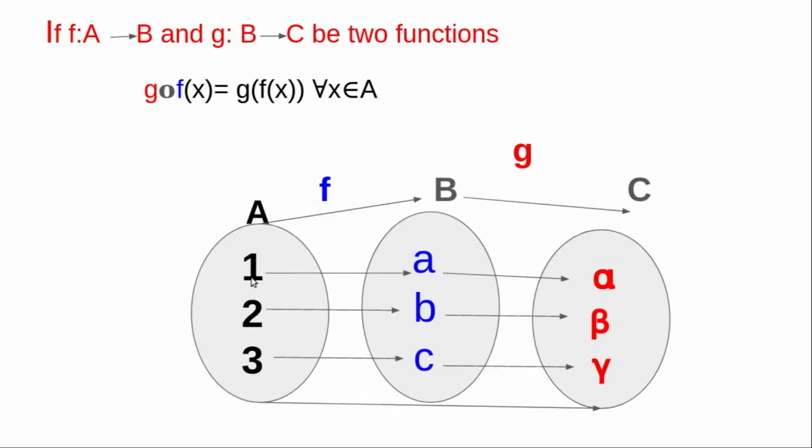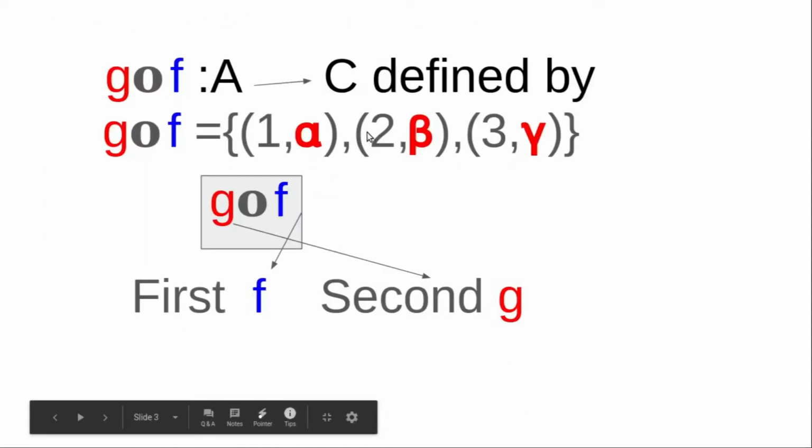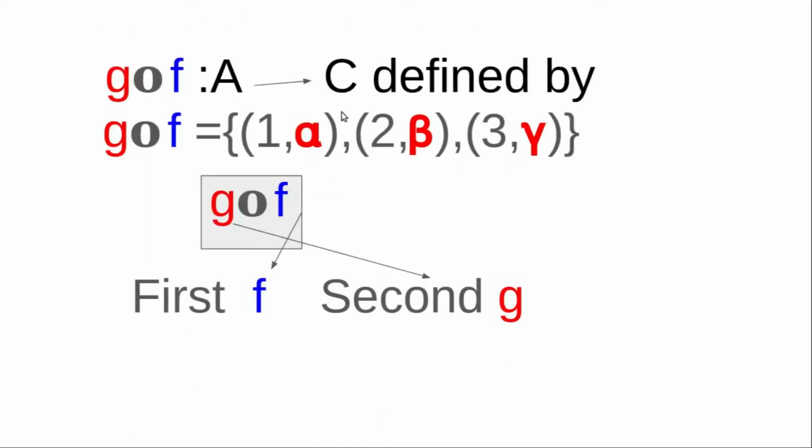That is g composition f of 1 equal to g of f of 1, that is g of a, that is alpha. Similarly, g composition f of 2 is equal to beta, and of 3 is equal to gamma. Therefore, we can write g composition f from A to C, defined by g composition f is equal to the set {(1, alpha), (2, beta), (3, gamma)}.